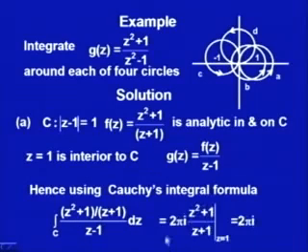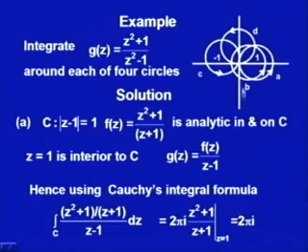So let us write it out. f(z) is z square plus 1 upon z plus 1 at z equal to 1. When z is equal to 1, I get 1 plus 1 is 2 and the denominator 1 plus 1 is 2. So this cancels out, and I get 2 pi i. So along this contour A, the integral of g(z) is 2 pi i.